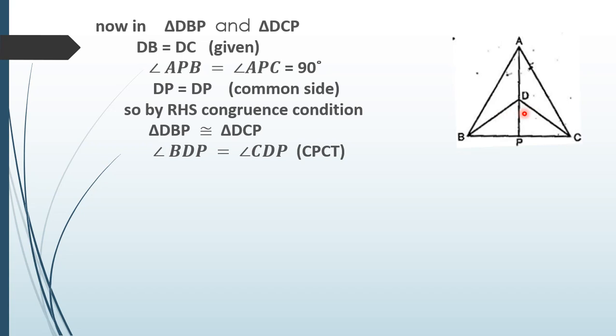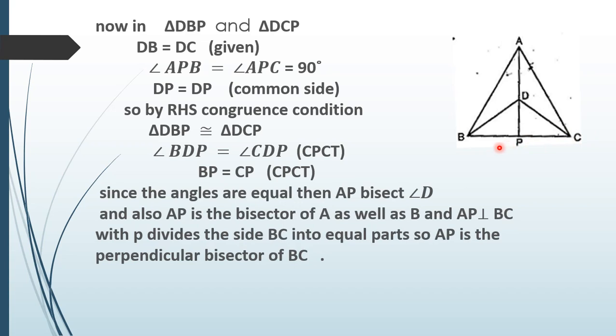So these two angles are equal. Now here we are getting again this side BP is also equal to the side CP. Since the angles are equal and AP bisects angle D, it's proved that this side AP bisects angle A as well as angle D.